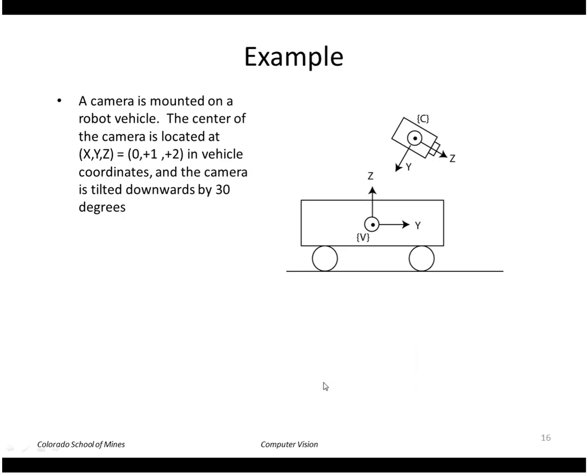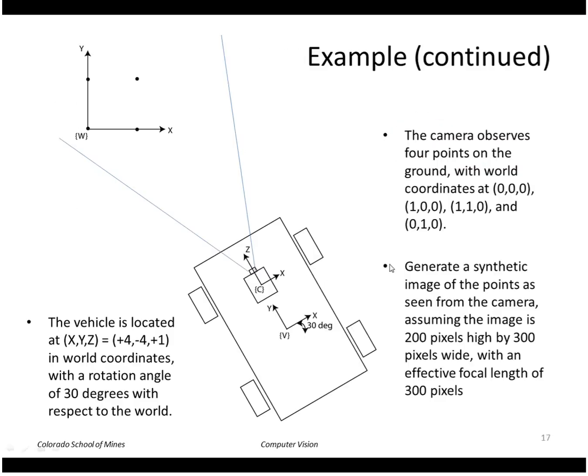Okay, let's do another example of perspective projection. So here we have a camera again on a vehicle. We specify the location of the camera and its orientation. And then here this shows where the vehicle is in the world. So this is a top-down view showing that the camera is here on the vehicle.